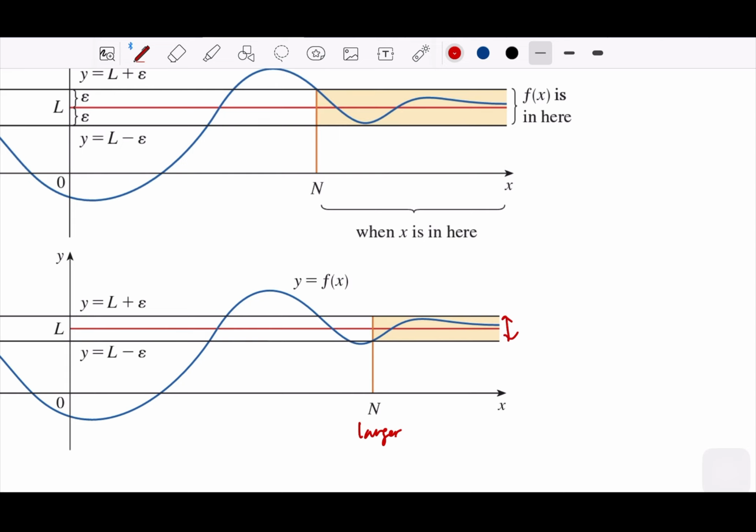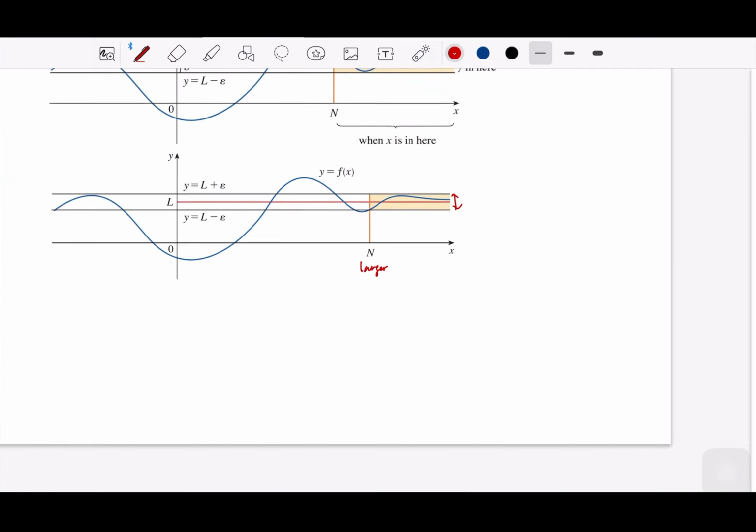The epsilon can differ according to this N, but we will have consistency in these proportions, the distance between f and L.